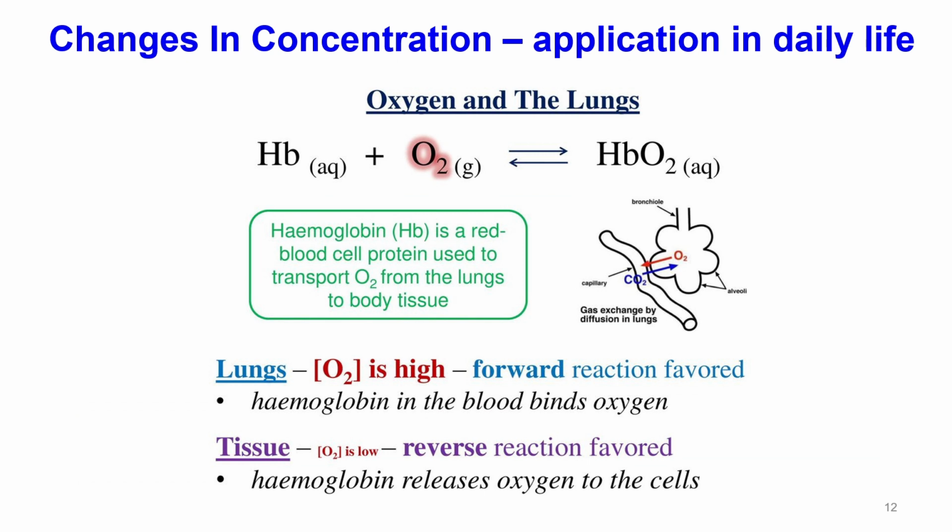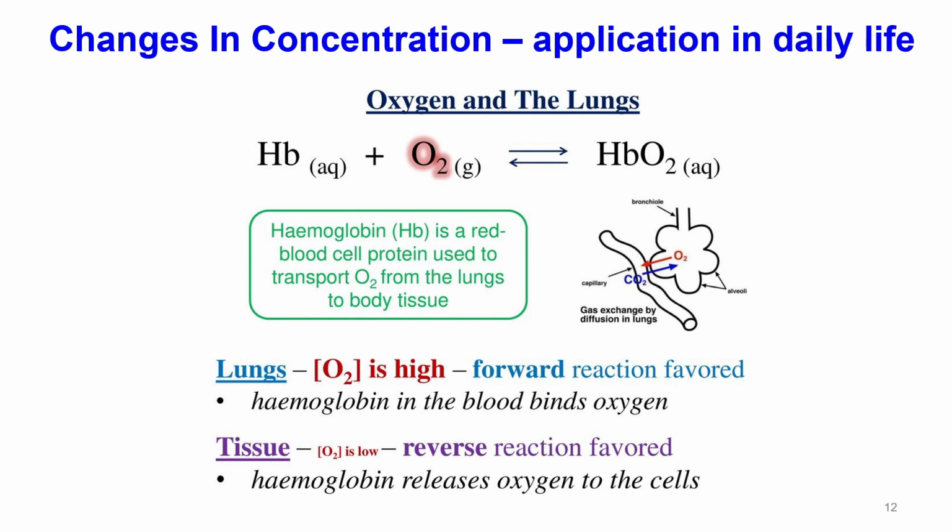So the change in concentration, okay, the application in our daily life. So for example, we have oxygen and the lungs, okay, hemoglobin and oxygen. So hemoglobin plus oxygen will produce HbO2, okay, and then they can remove and produce Hb plus oxygen. So hemoglobin is a red blood cell protein used to transport oxygen from the lung to the body tissue. Okay, so in our lung, the concentration of oxygen is high.